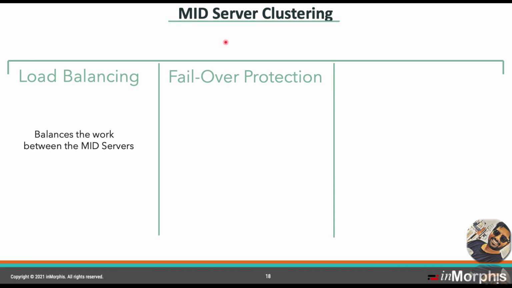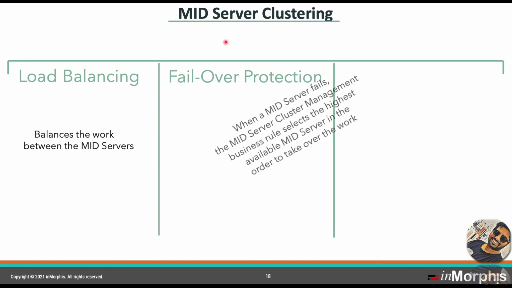Then the same criteria, based on the last screen that we have seen, based on that, the mid server again got some other job that mid server needs to perform. If we are having a load balancer clustering, then ServiceNow intelligently will divide the work between two mid servers, so that one mid server does not have too much work.